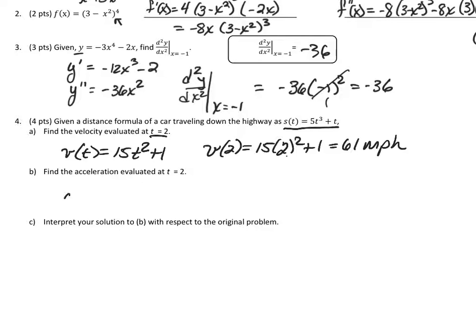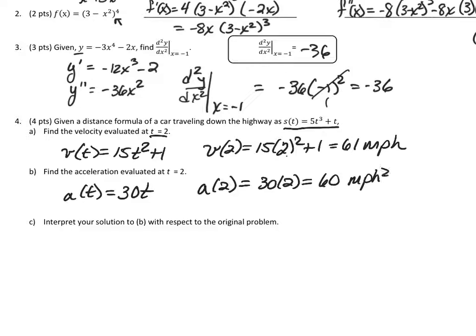And then acceleration is the derivative of the velocity function. And we need to evaluate that at 2. So you get 60 miles per hour squared, and that is the acceleration.